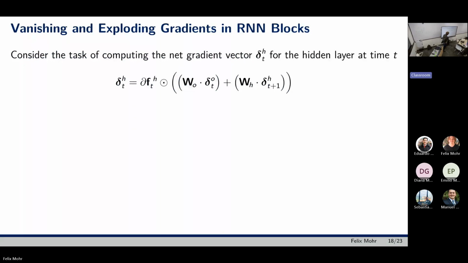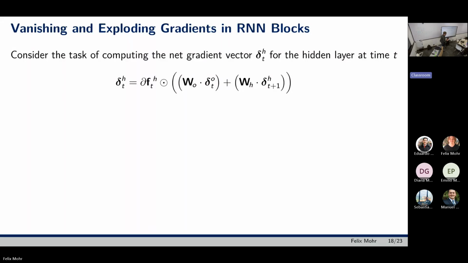Okay, so in the standard recurrent layer, my new value for h is what? Some activation function applied to a linear projection of the previous value plus a linear projection of the new token. That was the situation. And now, if you remember the ML2 course, we talked about net gradients.